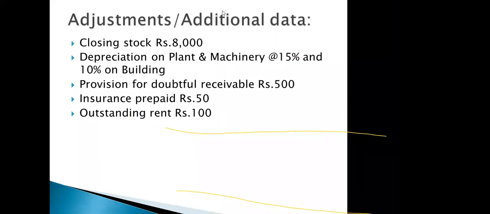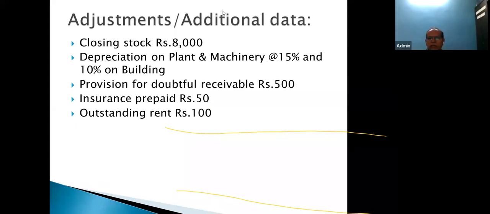So we will add it in the rent, outstanding rent, and the second effect on the credit side of the balance sheet. It will be mentioned on the profit and loss account debit side, outstanding, and the second effect, since it is a liability, it will appear on the balance sheet liability side. So this way.